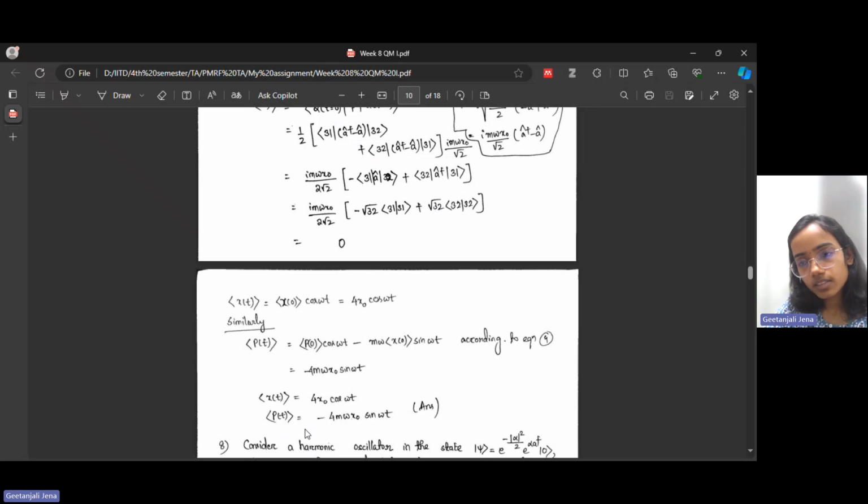Okay. This is how you can calculate the expectation value and its time evolution.